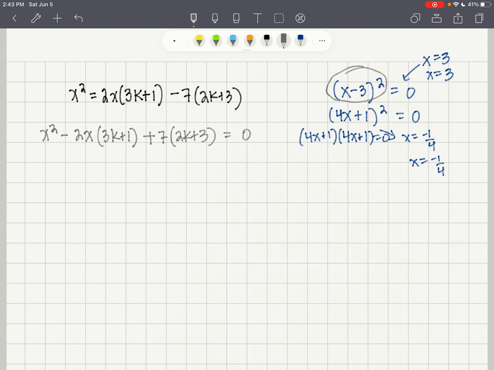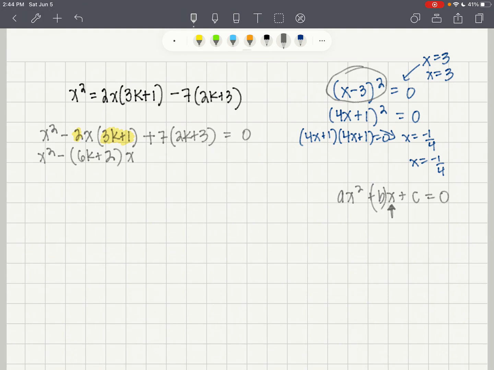And now I'm going to make it look like ax² + bx + c = 0. So I want that x on the right-hand side, and then I want all of the coefficient in front of it. I'm going to multiply the 2 and the 3k + 1. So that's going to be -(6k + 2) times x.